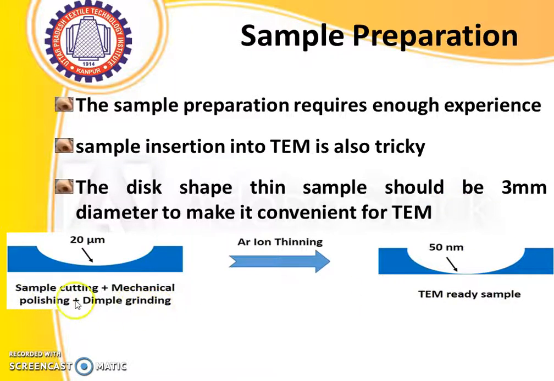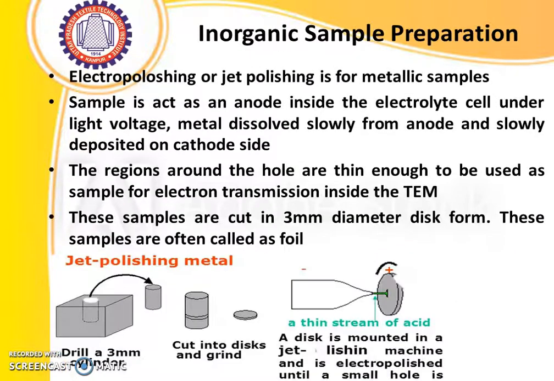The sample is cut by mechanical polishing or the dimple grinding process, and when thinning continues and creates a fine hole, the thinnest part near that hole, with thickness lower than 100 nanometer, is cut and used as a sample for TEM.